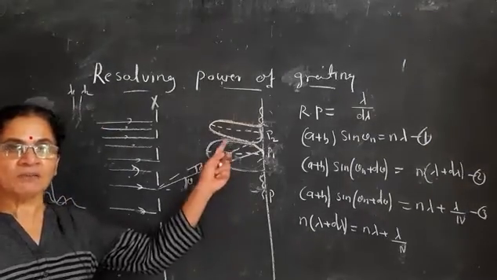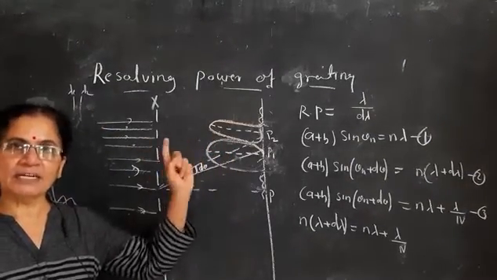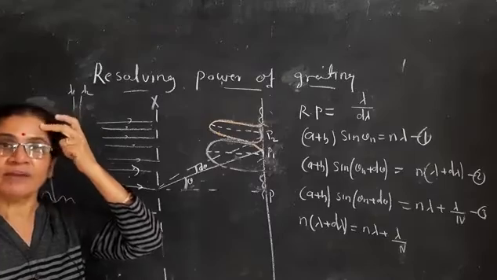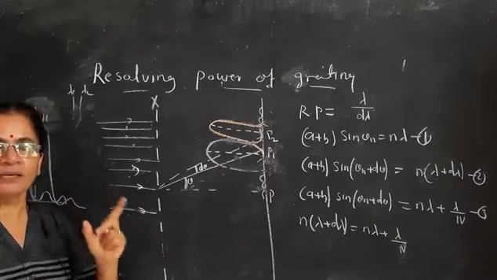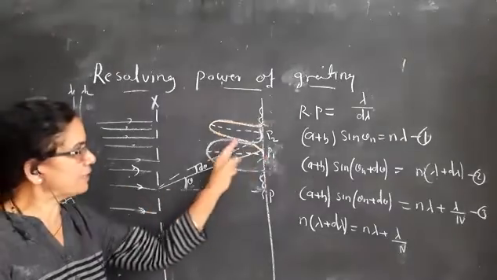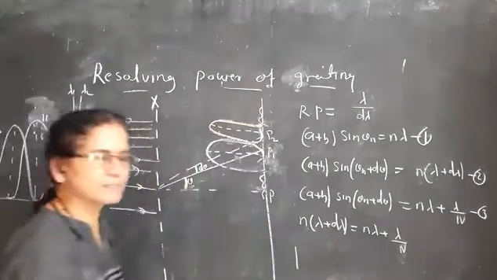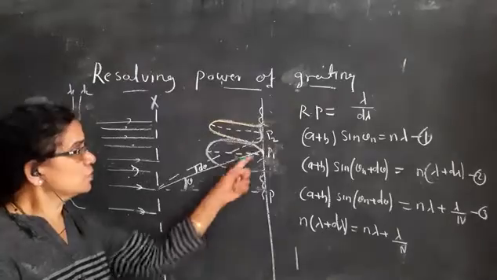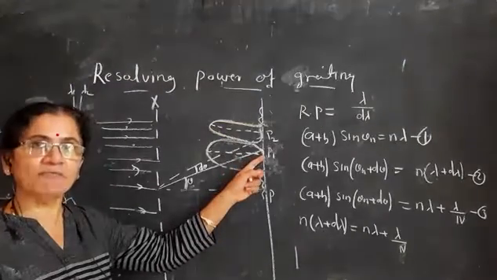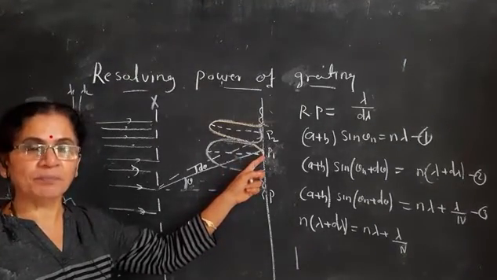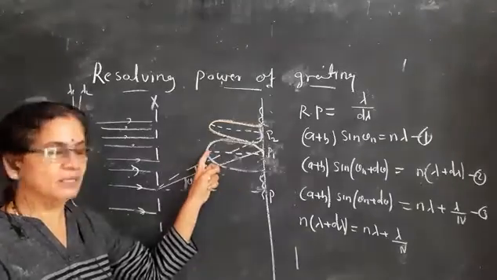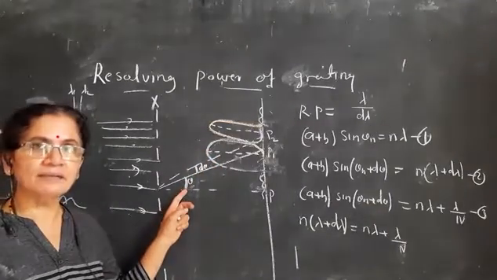P1 will be the image you get of one spectral line of wavelength lambda 1. Wherever you get a maxima, there you will get the image. So at point P1 you will get one image of the spectral line, because here is a maxima, the ray diffracted with an angle theta.